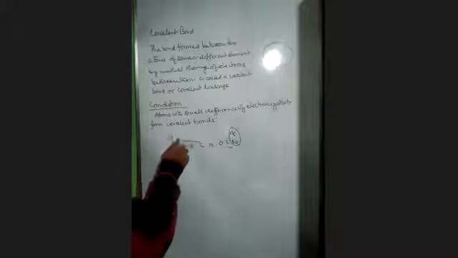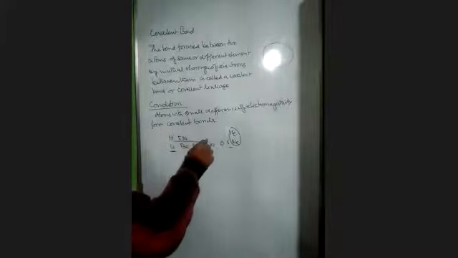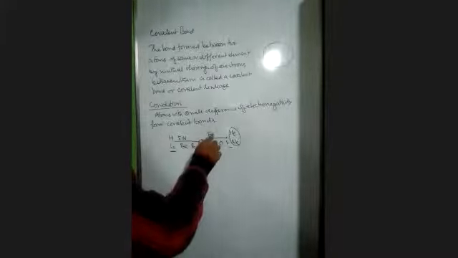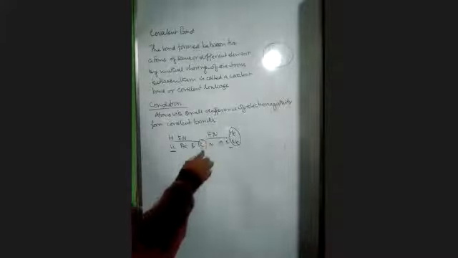Now see here. When you come from left to right, electronegativity increases. From here again, if you go, electronegativity increases. So the difference between these two is less than 2.